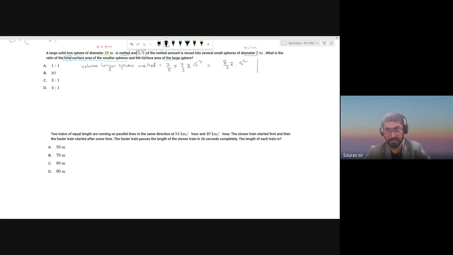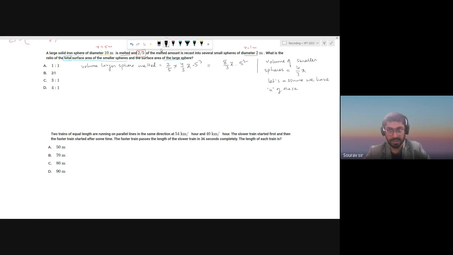What is the volume of the smaller spheres? This is just 4 by 3 pi r cube. R is 1, so 4 by 3 pi. Now let's assume we have n of these.